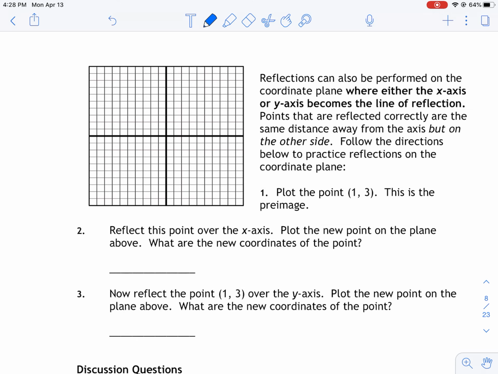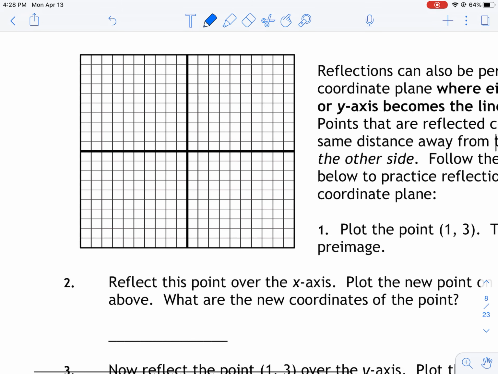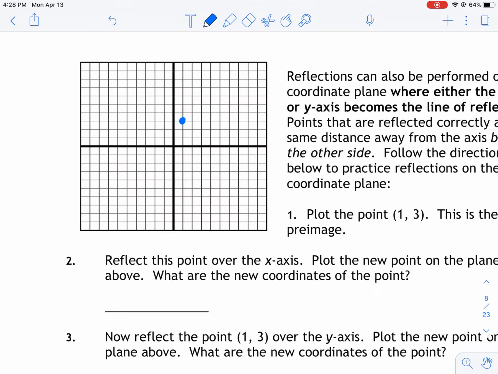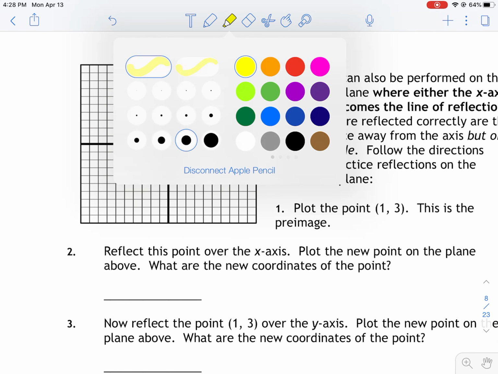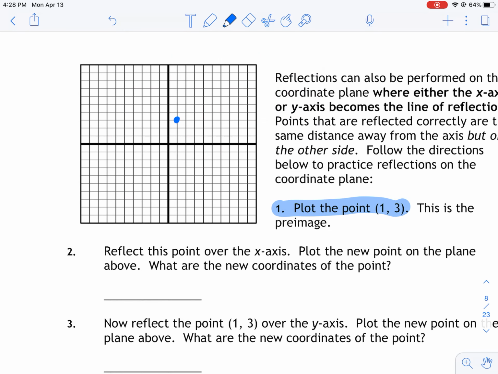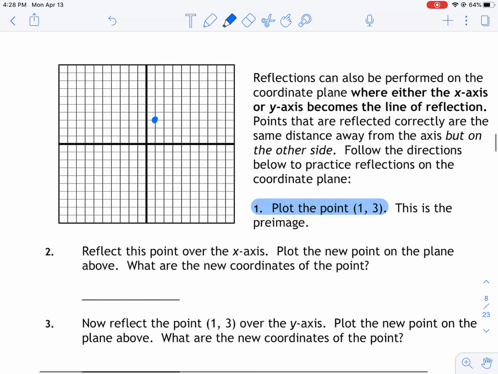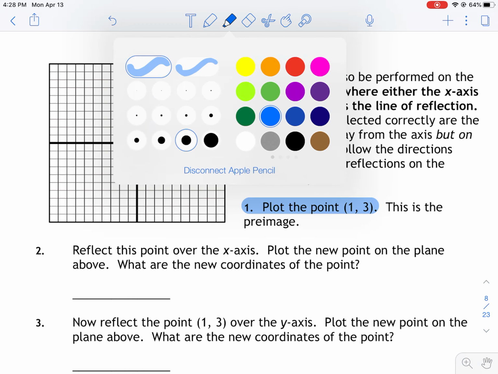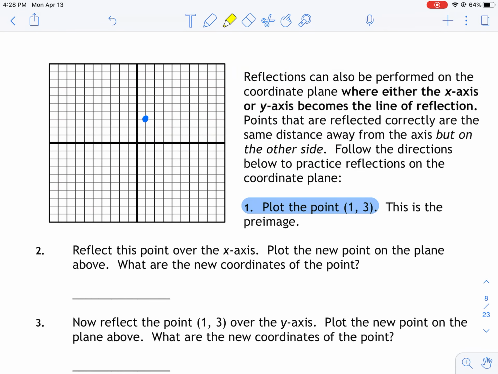So again, we're going to start with the point (1, 3). It's going to be our pre-image. So I have that point plotted there. We'll highlight as we go along. As I talked about before, over here in bold print, the x-axis or the y-axis are the line of reflection.